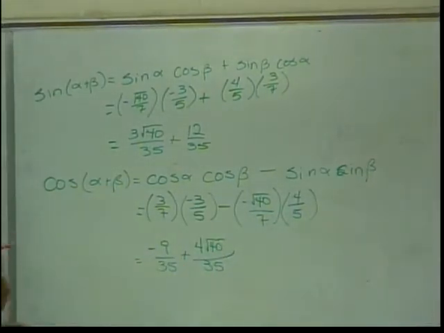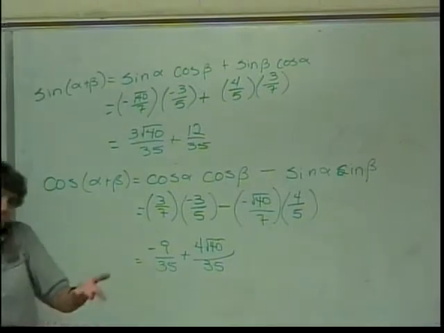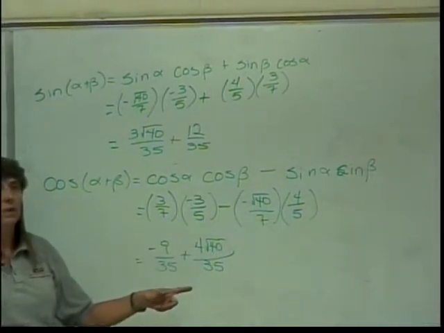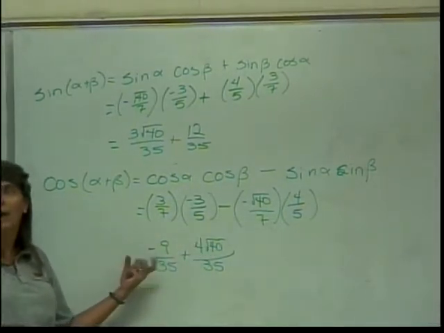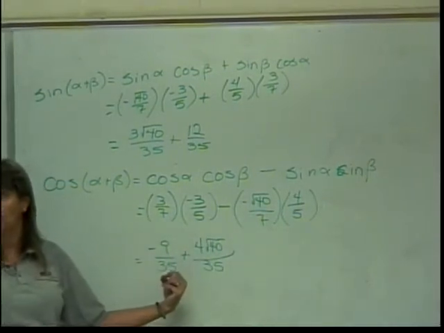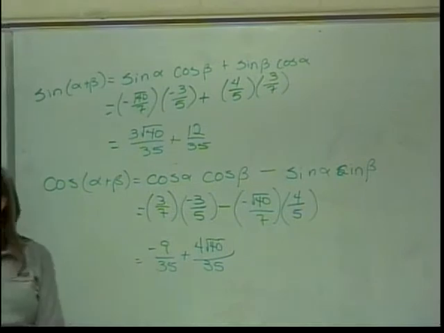Well, the square root of 40 is approximately 6. Close enough, because that's the square root of 36. So this is going to be 6 times 4, so that'll be 24. -9 is clearly not going to change that to be negative.